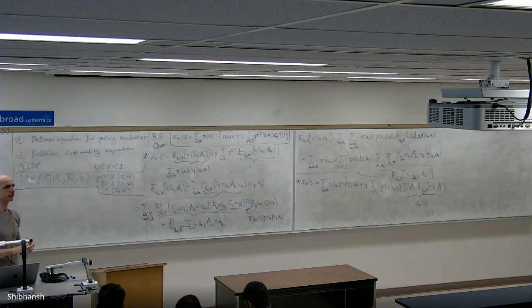What's the name of the thing? It's in the name, Bellman optimality equation. What is this an equation for? How is that thing called? Yeah, V star. That was the symbol that was used, but what's the name for that?